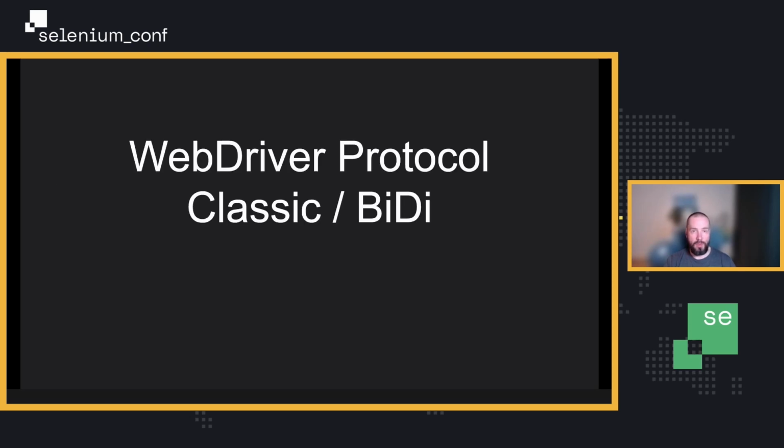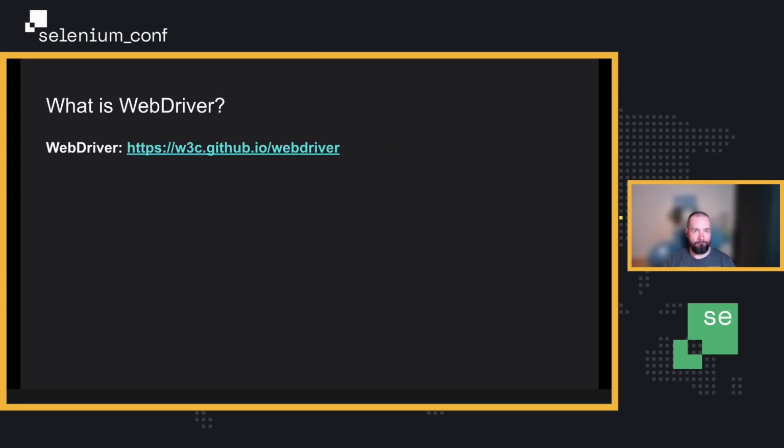So let's start with the WebDriver protocol. There are actually two flavors of it, so-called WebDriver Classic and WebDriver BiDi. WebDriver is a protocol allowing testing tools to provide a cross-browser automation API. Without having a browser API, there would be no way to make end-to-end tests at all, and instead, all those end-to-end testing had to be performed manually.